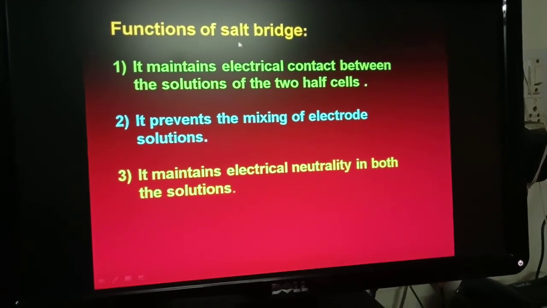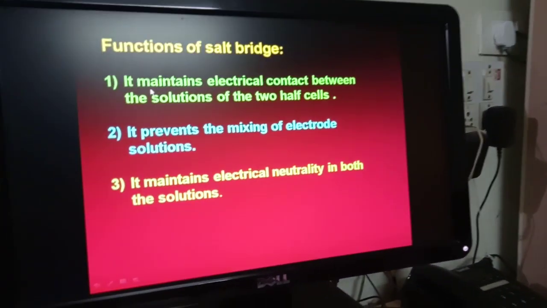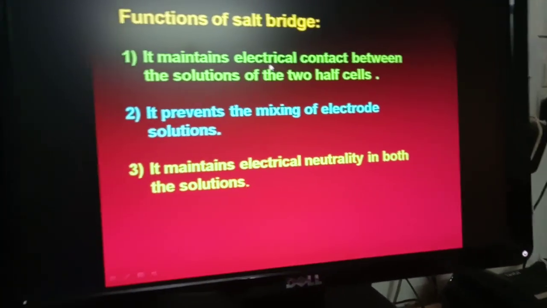Next, we will study functions of salt bridge. Now on salt bridge, a question can be asked for 2 marks as what is a salt bridge? And on functions, a 1 mark question can be asked as write any 2 functions of salt bridge. So 3 functions of salt bridge have been given in your text.